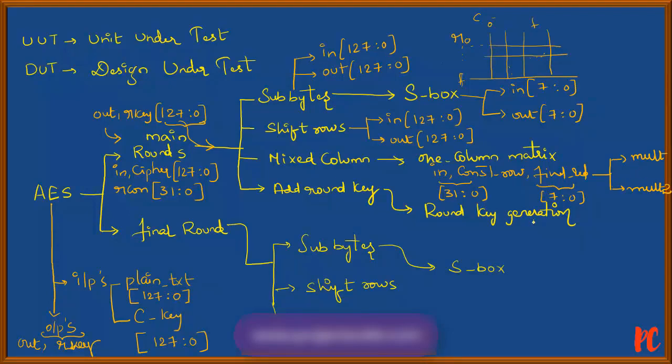With respect to round key generation, we will be having an input of 128 bit. We will be having an Rcon of 32 bit. And we will be having an out of 128 bit again.